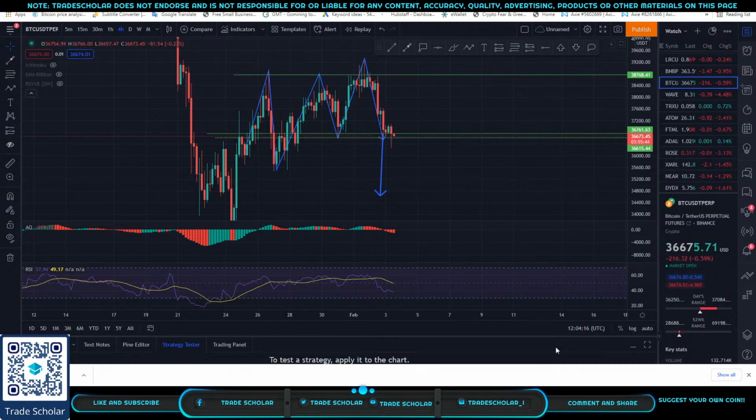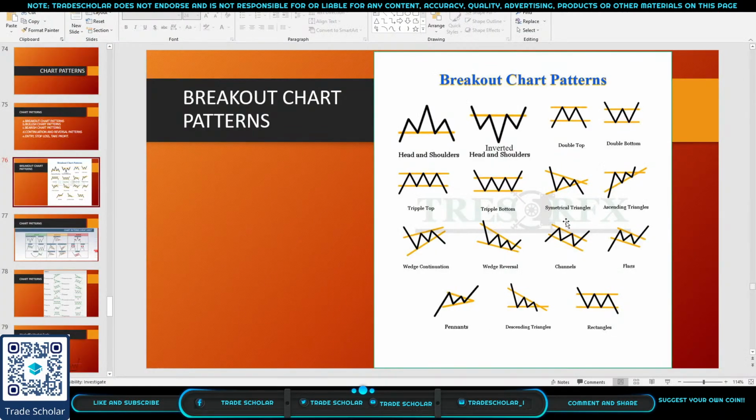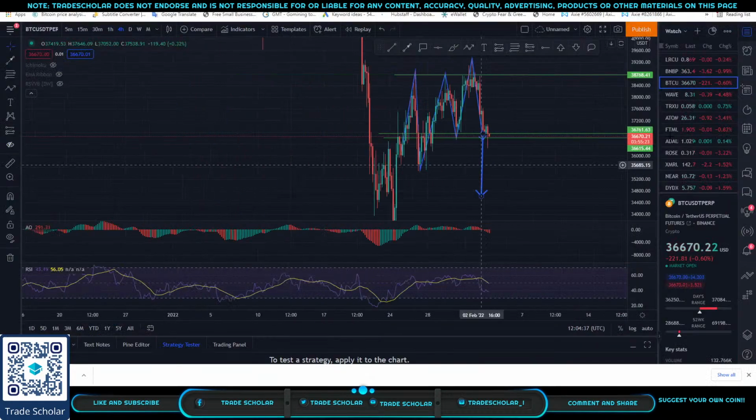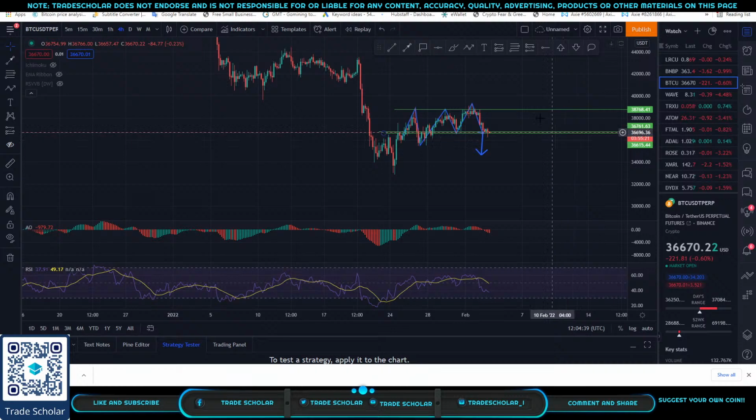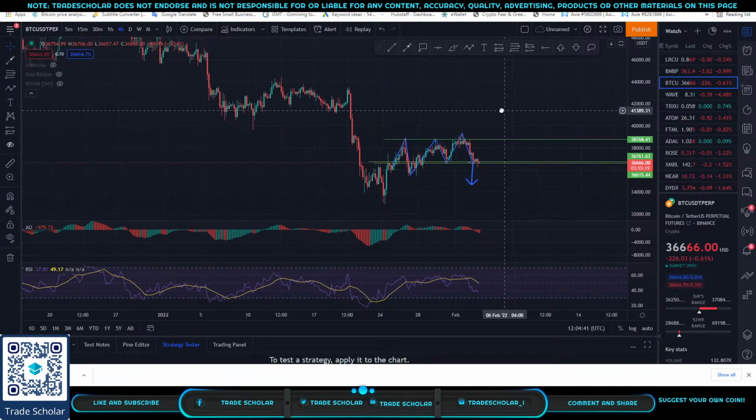So this is triple top, okay? So these are by the books, okay? So I am not making this one up, okay? So this has been here even before I was born. These chart patterns are already here, and the market is spotting those patterns, okay?